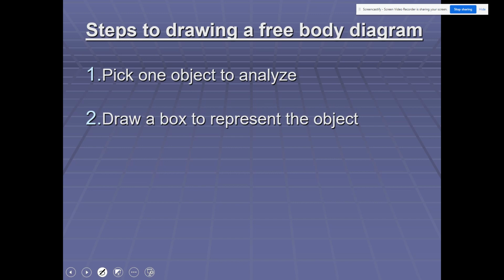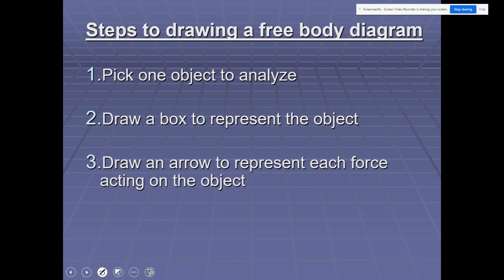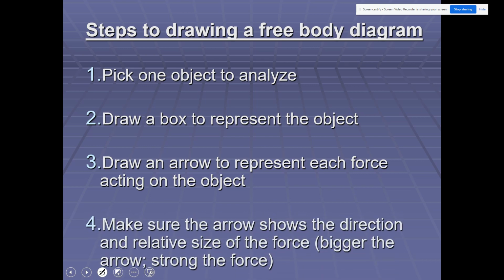Draw some kind of a geometric shape to represent that object. A box is nice. Draw arrows to represent each of the forces acting on the object, and make sure the arrows are pointing in the direction that the force is being applied. Also, be aware of how big your arrows are, and make bigger arrows for stronger forces and smaller arrows for weaker forces.